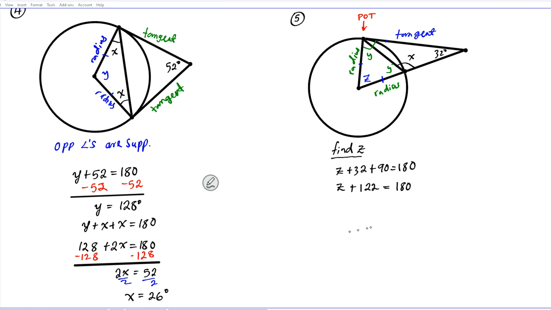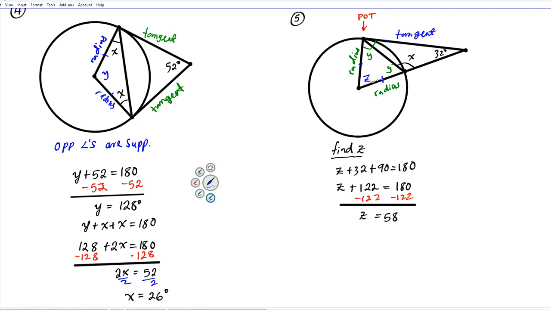Now we're going to subtract 122 from both sides in order to get z isolated. So subtract 122, subtract 122. When we do that, we're going to get z is equal to 180 minus 122, which is 58 degrees. So z is 58.